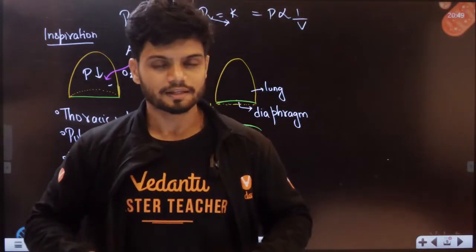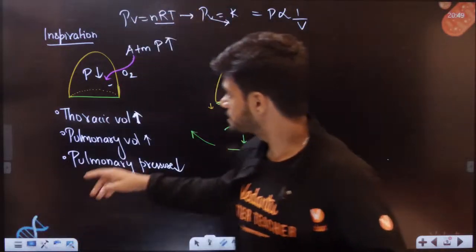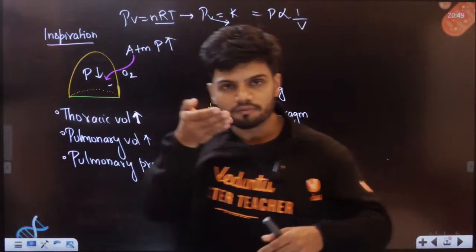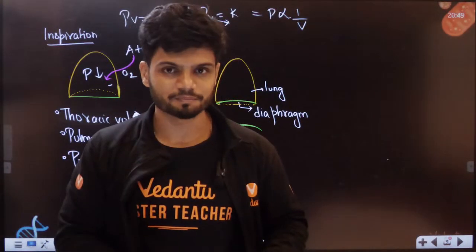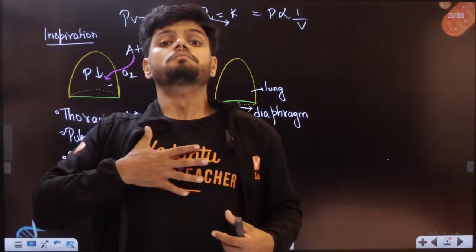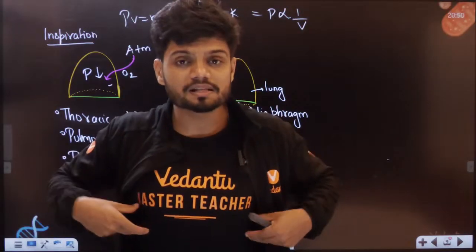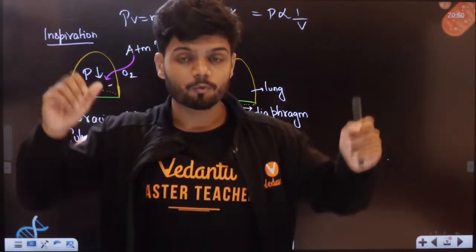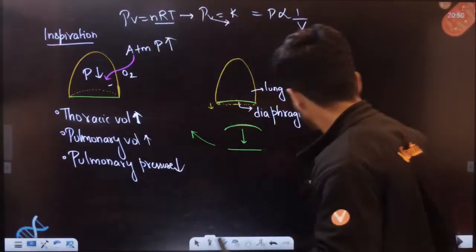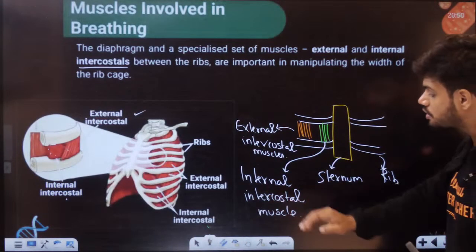Now, first of all, students, understand, when you do inhalation like this, the increase in thoracic volume, that movement of the diaphragm is just the primary movement. When you are doing this, students, can you see the chest is going up? Why? Because there are certain muscles here in the ribs. These muscles are also expanding. The muscles I'm talking about are the external and internal intercostal muscles.